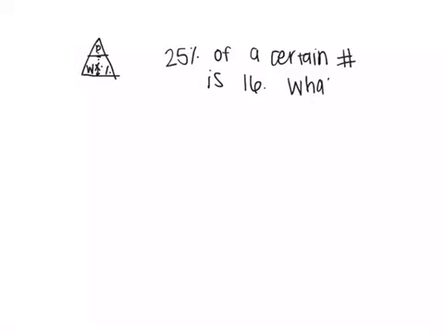What is that number? You might be reading and listening to this problem and thinking, I have no idea how to find it. But if you've memorized this percent triangle, it's going to be very easy to solve.